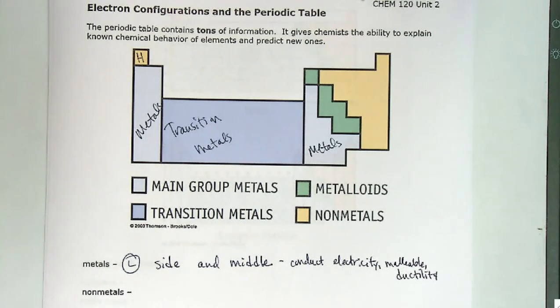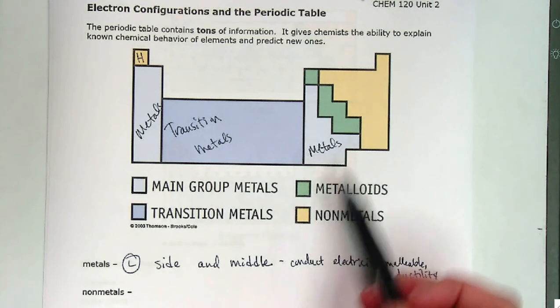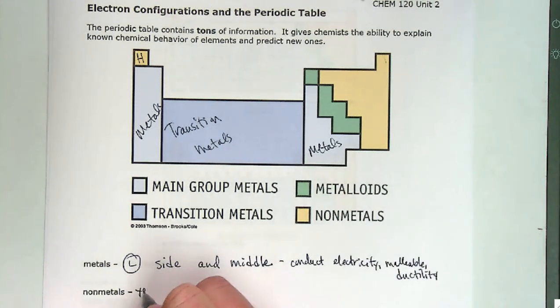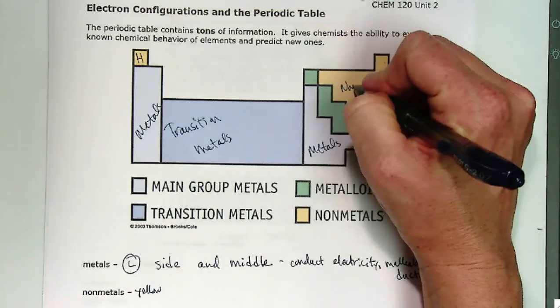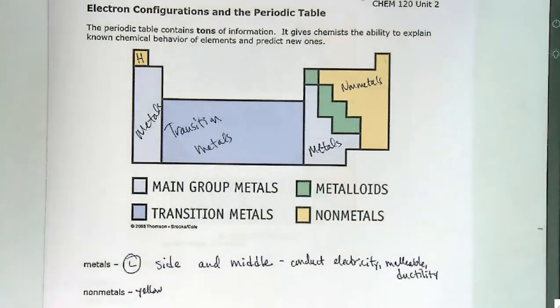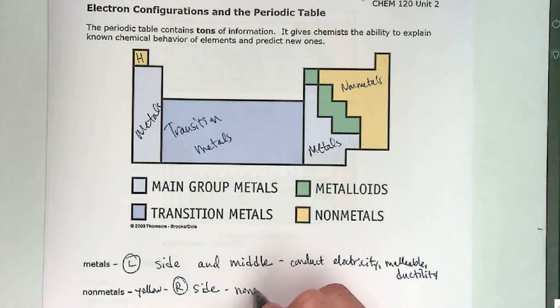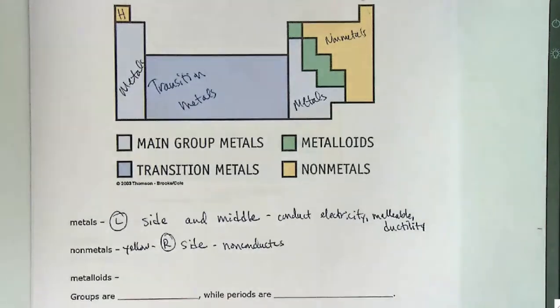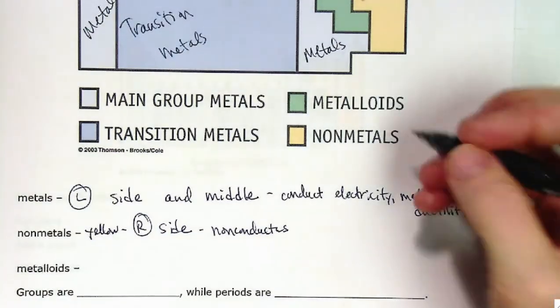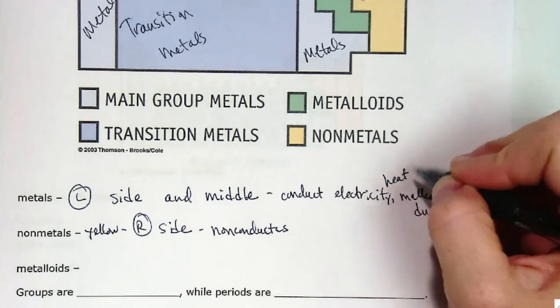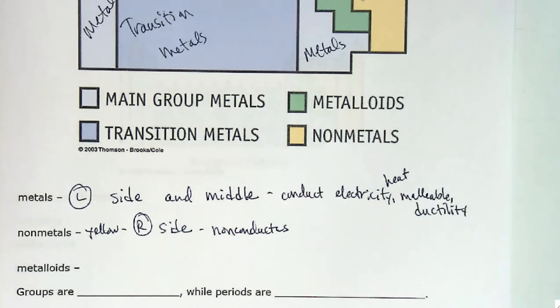Now, nonmetals, they're on the right side. Non-conductors. I should also mention that metals conduct heat, so electricity and heat. Non-metals are non-conductors of electricity and heat.